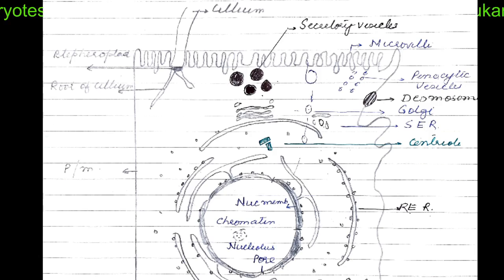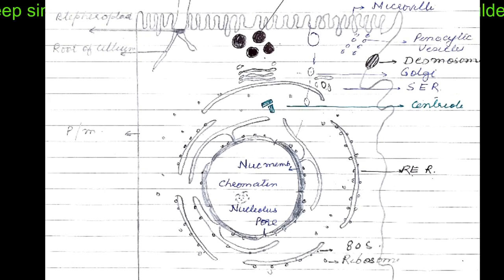This actually increases the surface area of the plasma membrane, increasing its absorptive capacity. And from the blepharoplast, cilium arises, and you can see the nucleus, which is bound by the nuclear membrane. Chromatin is present inside the nuclear membrane.